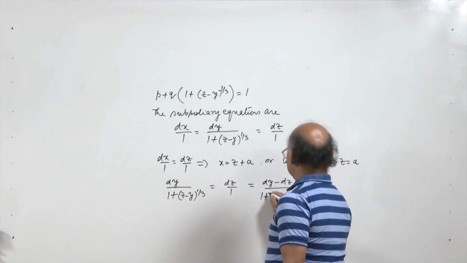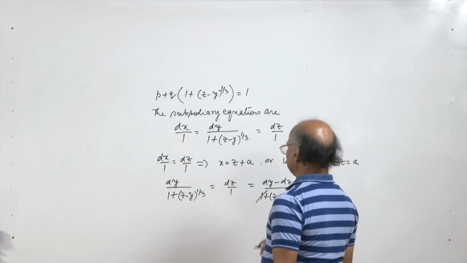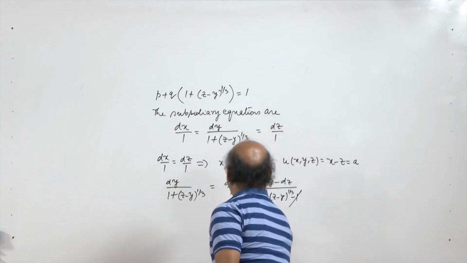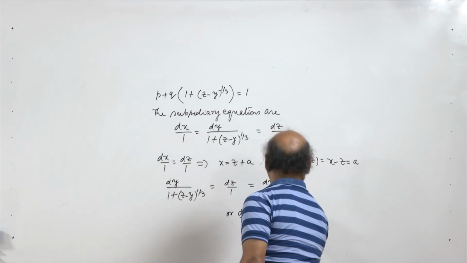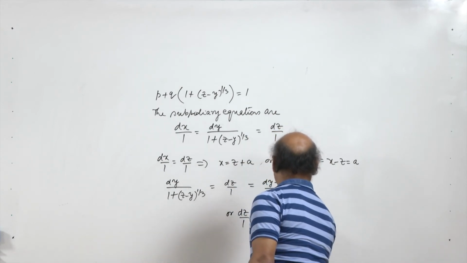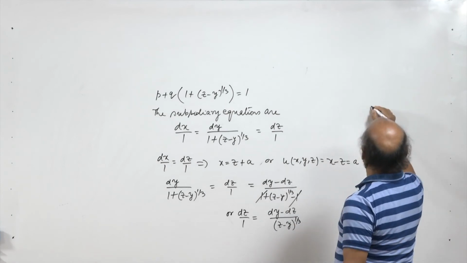So this cancels with this. Thus we have dz upon 1 is equal to (dy minus dz) over (z minus y)^(1/3).